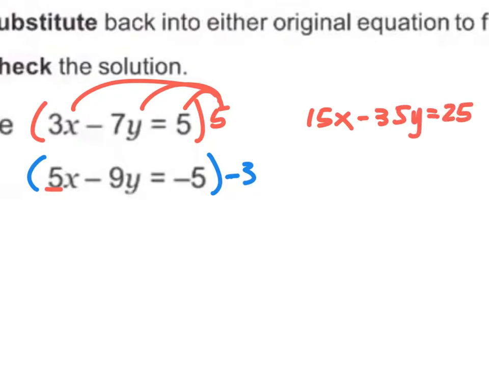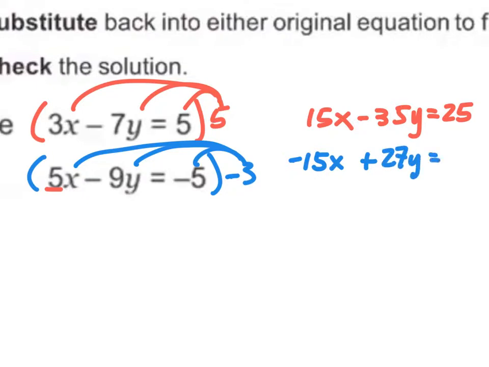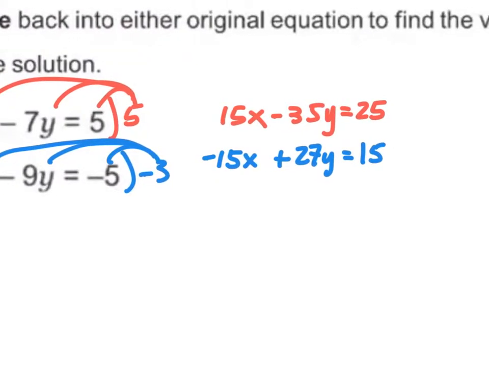Then I'm going to take negative 3 and multiply that through on the second equation, and that's going to give me negative 15x and then positive 27y, and then we get positive 15. The reality is that I want to get opposite coefficients here. The point is to get a 15 and a negative 15 here, and then I'm going to add these together.